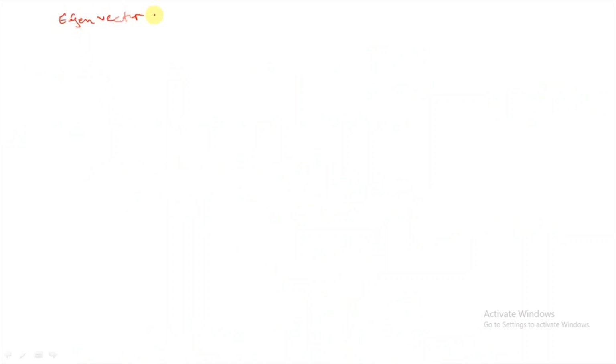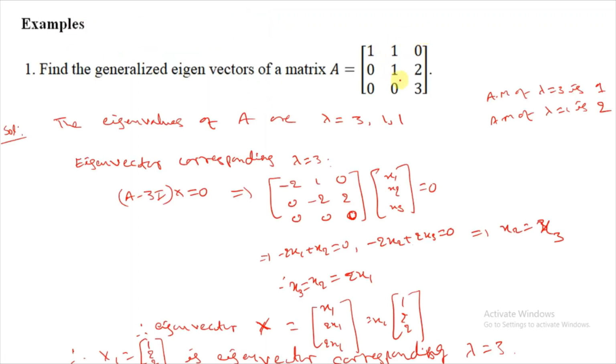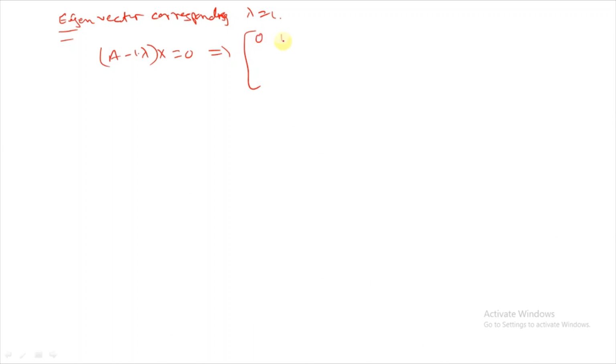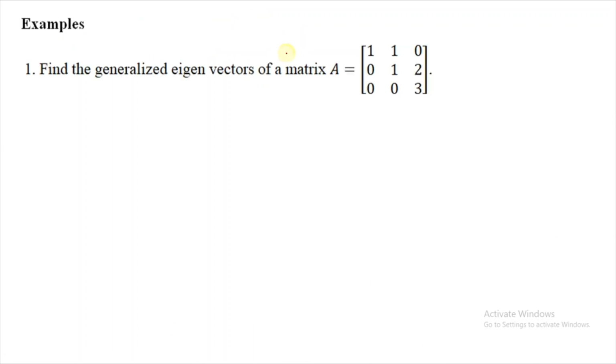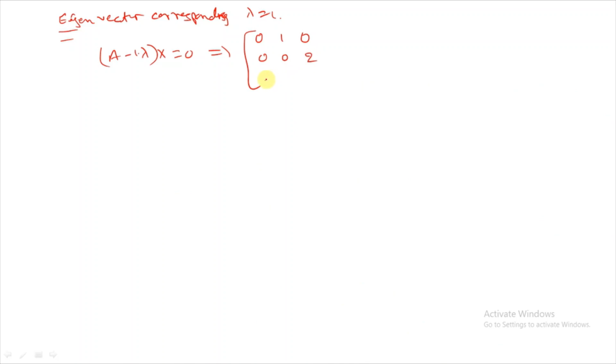Eigenvector corresponding to lambda equal to 1. Now what is the eigenvector? A minus lambda I, 1 into lambda, x equal to 0. That implies the matrix 0 1 0, 0 0 2, 0 0 2 times x1 x2 x3 equals 0.